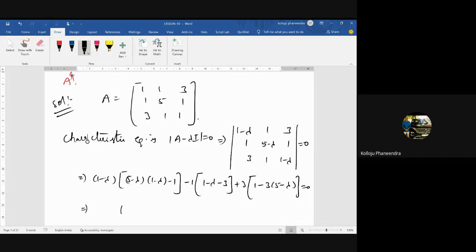You simplify this and solve it. The eigenvalues are minus 2, 3, 6.